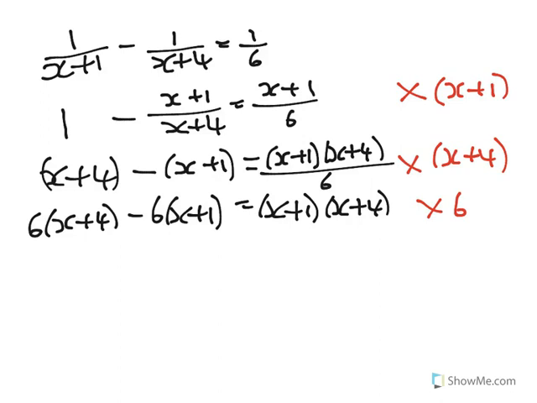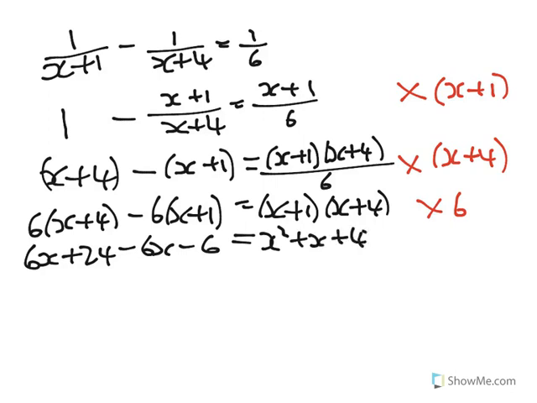I now will have to expand all my brackets, so I have 6x plus 24 minus 6x minus 6, so now my negative signs are all correct, equals x squared plus x plus 4x plus 4.